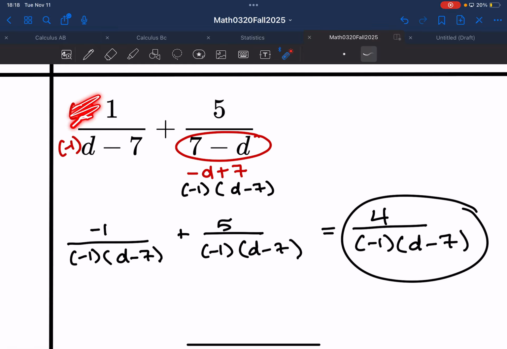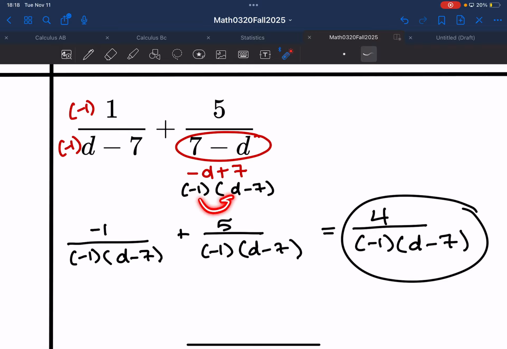We have to do both of them, because if you think of -1 over -1, those technically cancel each other out. But for the fraction with the 5, we're not multiplying that denominator by -1. We took it out of the denominator that was already there.